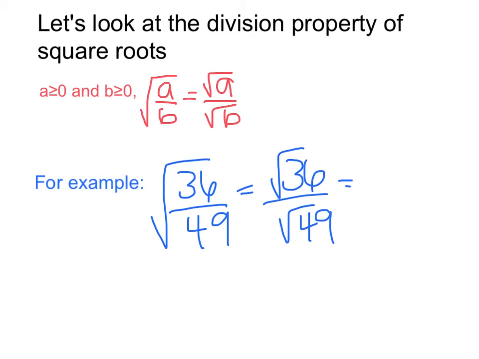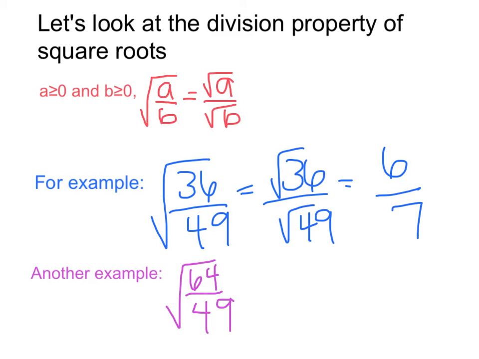And the square root of 36 is 6, and the square root of 49 is 7. Here's another example. Square root of 64 over 49 is equal to the square root of 64 over the square root of 49. Square root of 64 is 8, and the square root of 49 is 7.